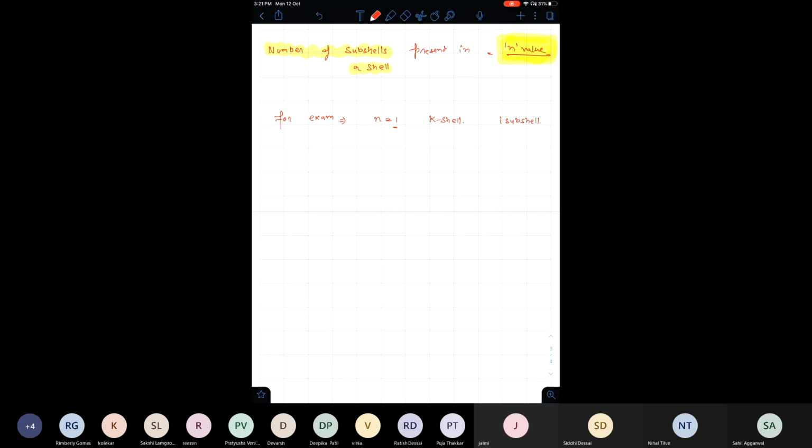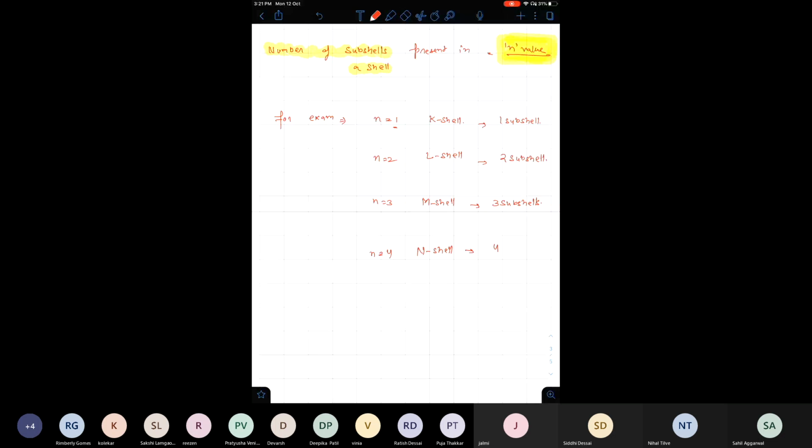For n equal to 2, there will be L shell. उसका नाम होगा L shell. And in L shell, there will be two subshells. For n equal to 3, the name is M shell. There will be three subshells. For n equal to 4, it will be N shell.